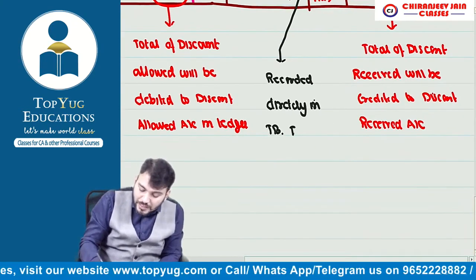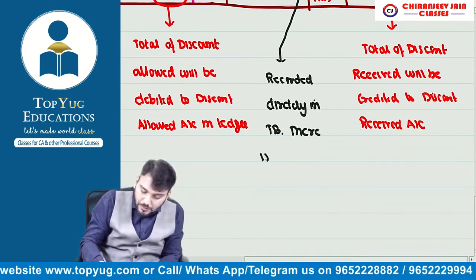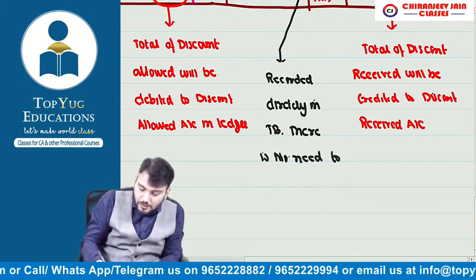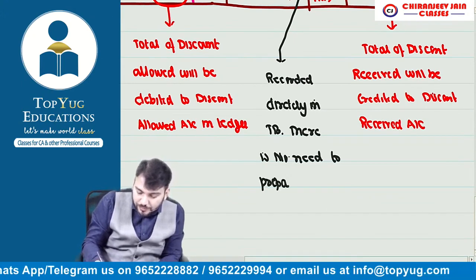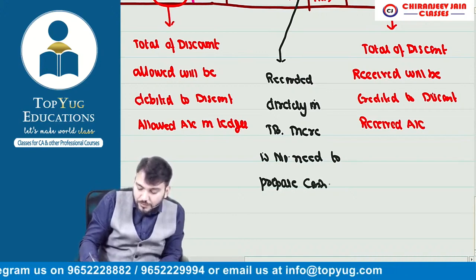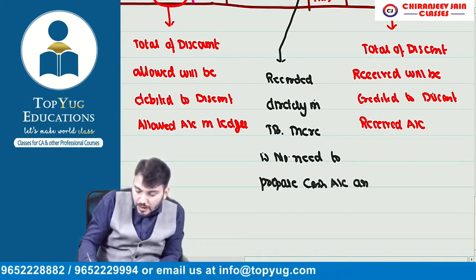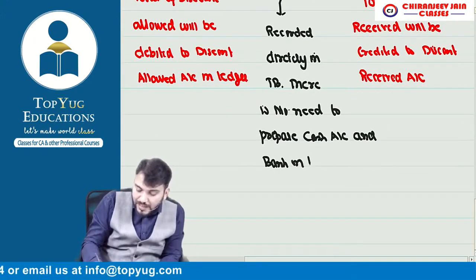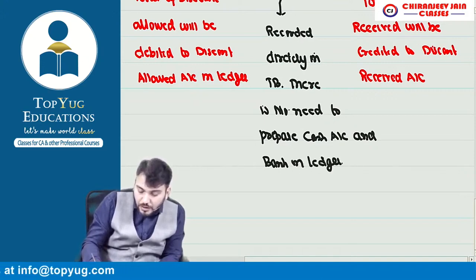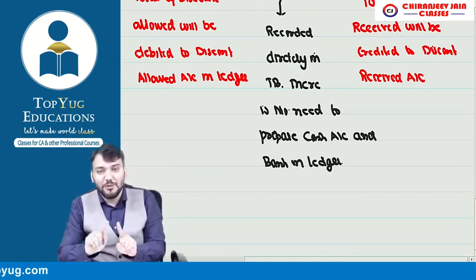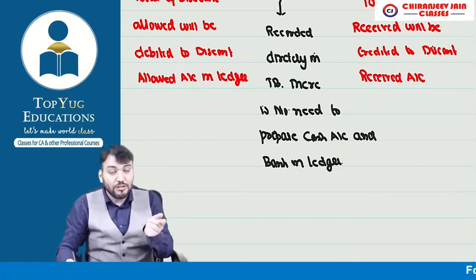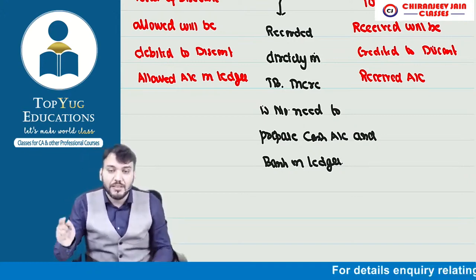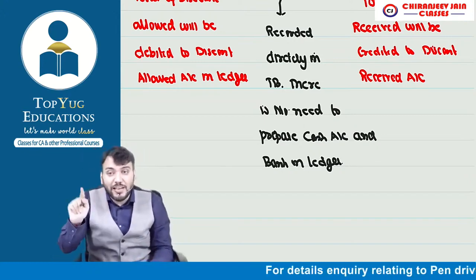Means there is no need to prepare cash account and bank account in the ledger if you are preparing a triple column cash book. So this closing balance will be directly recorded in the trial balance. Do you understand?